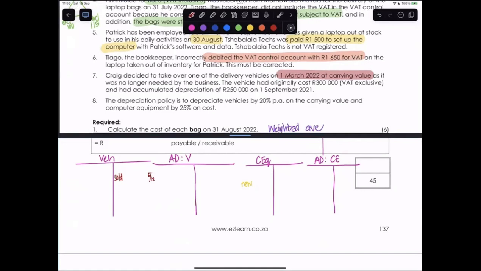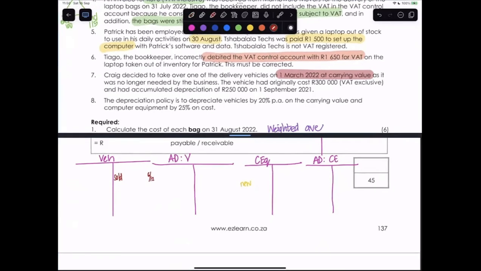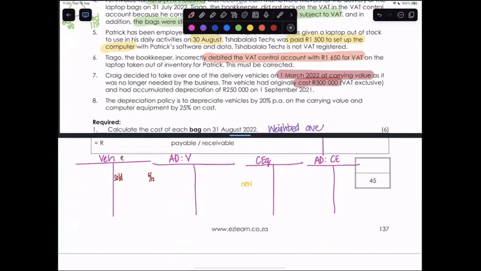depreciation. The vehicle had originally cost 300,000 VAT exclusive, which means that's the amount I'm going to take out of the vehicles account. Because remember that your vehicles is always exclusive, and then SARS would obviously be the VAT amount, and the inclusive would have been the bank or creditors when you bought it initially. So that 300,000 can come out of vehicles like that, and had accumulated depreciation of 250,000 on the 1st of September.